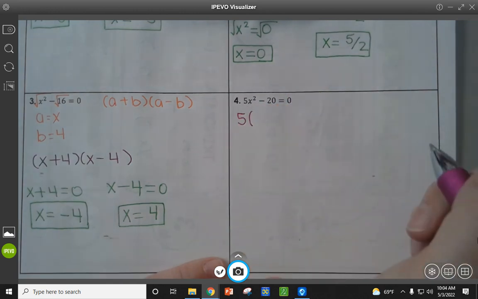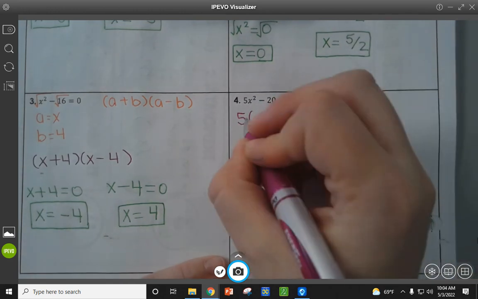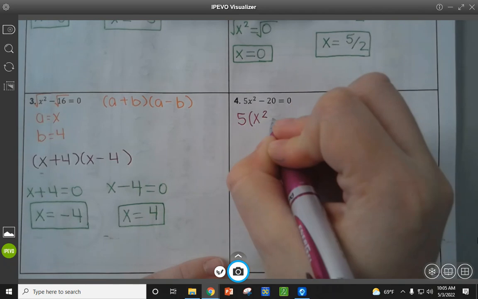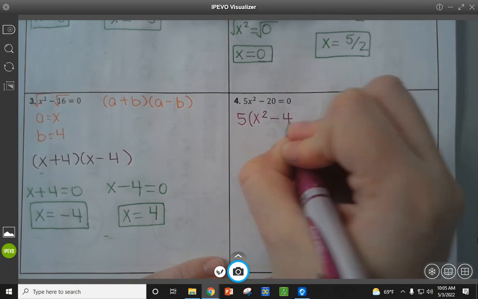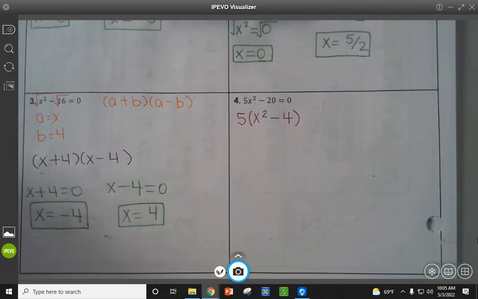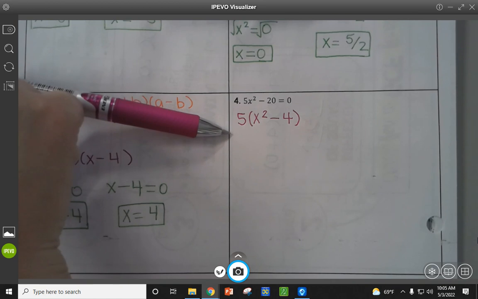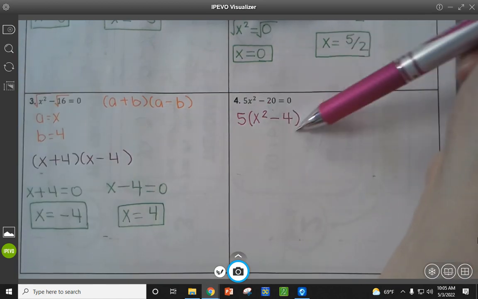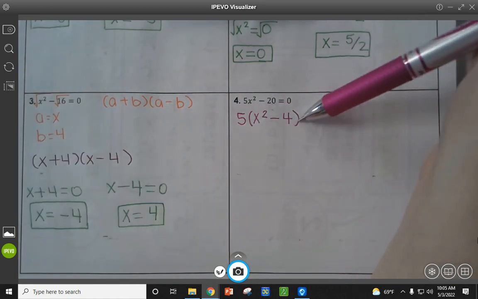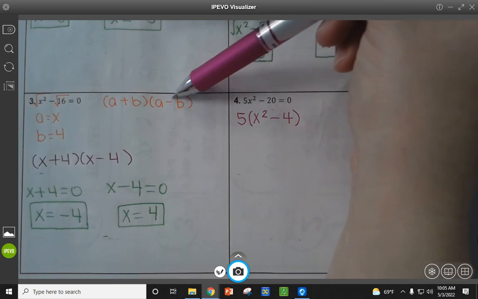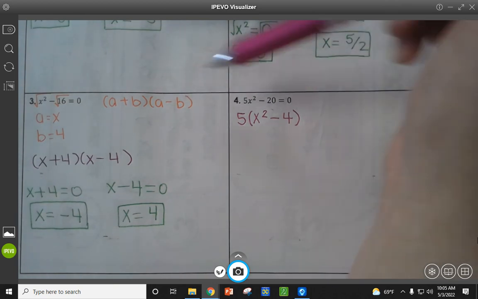And so when I divide both of those by 5, I'm left with x squared minus 4. Now look at this. Do I have a difference of squares? Yes, this one right here is a difference of squares. So I'm using that same formula as I did over here.